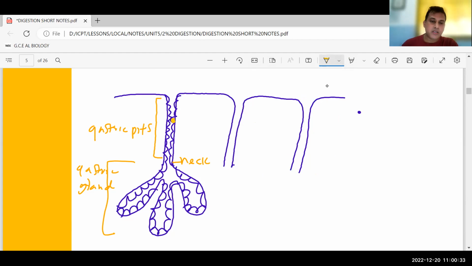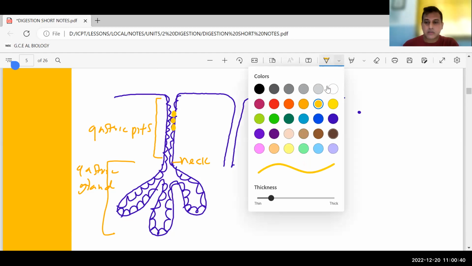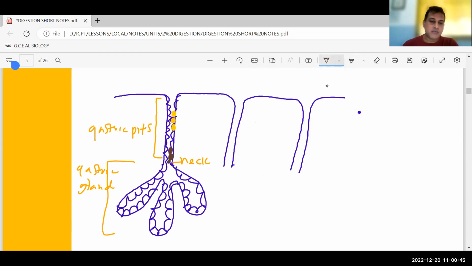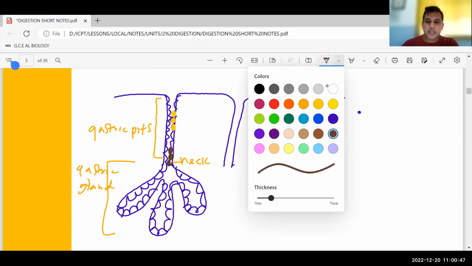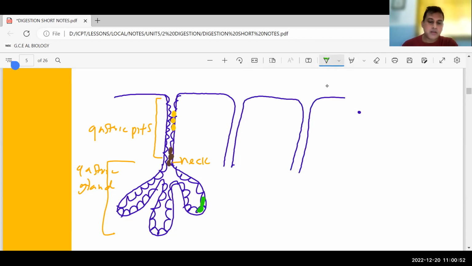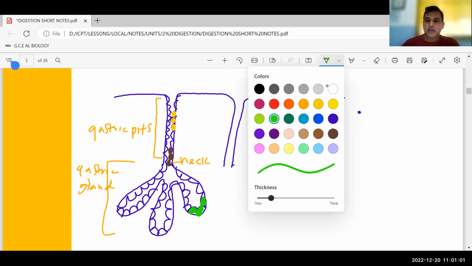For example, one group of cells here, another cell type we can also find here, another cell type here, and a fourth one we can find here.